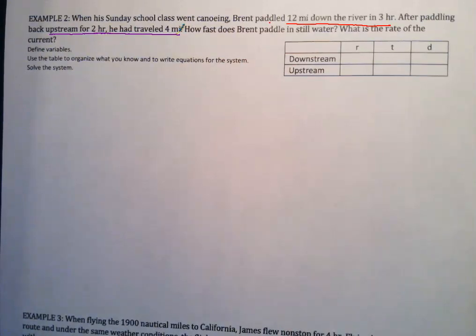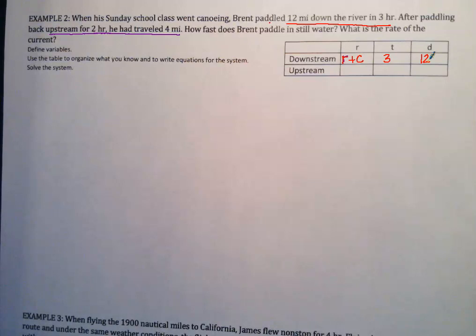So in this case we have the rate that he's paddling plus the current, because it doesn't say what our current is. And how long did he do this for? 3 hours. So what's our distance? 12 miles. Nice catch, Cameron.